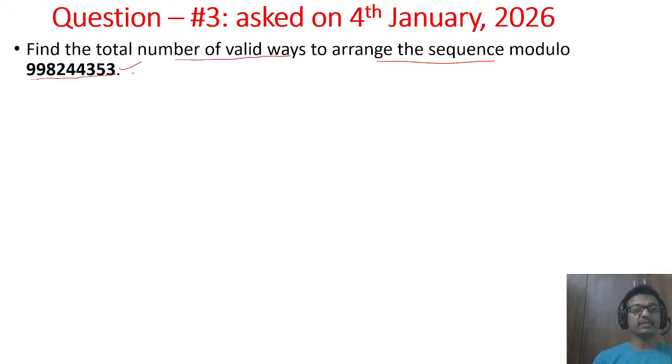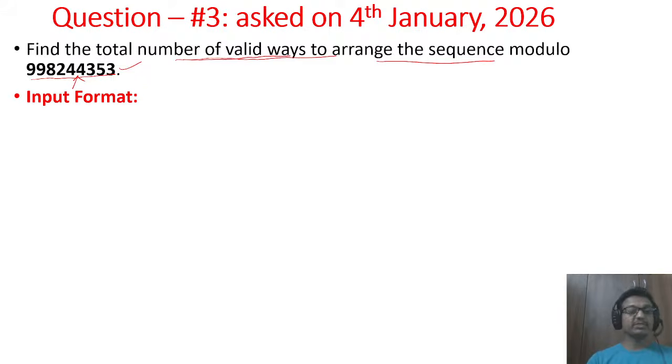For that purpose this large prime number is generally given. So no need to worry about this modulo 9982444353. Concentrate on arranging the given sequence in a number of valid ways.